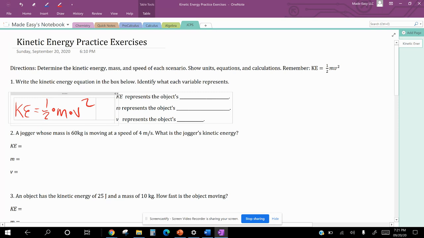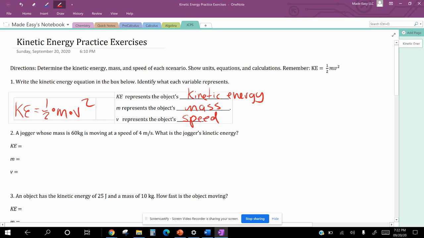KE represents the object's kinetic energy. M represents the object's mass. V represents the object's speed.